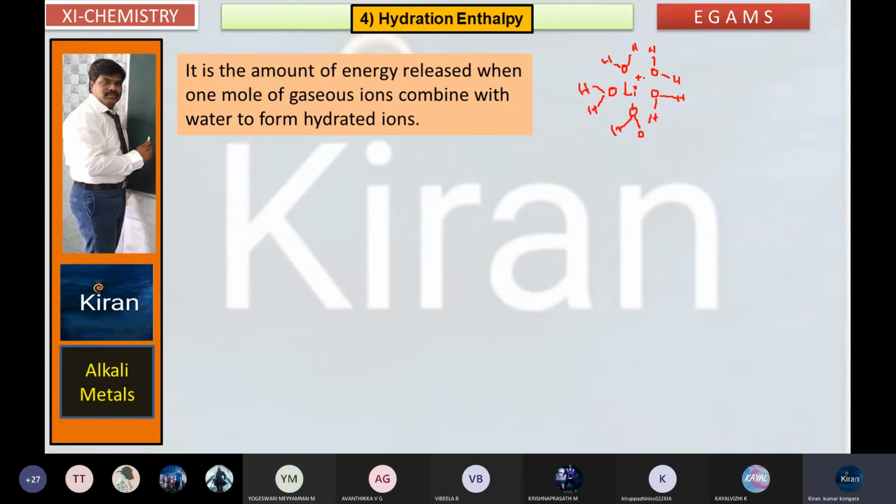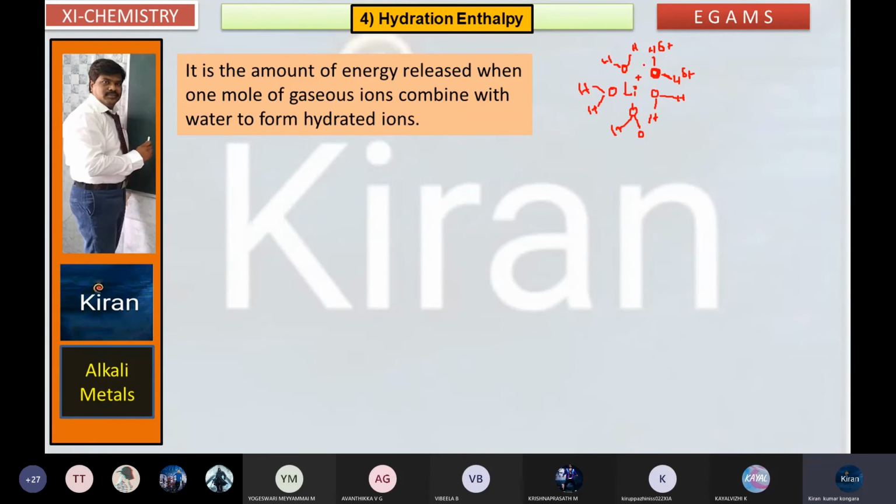Oxygen is a more electronegative element, that we know. Because of this reason, it gets a partial negative charge, not a complete negative charge. Here hydrogen gets a partial positive charge. We know that water is not a non-polar compound, it is a polar compound. There is a reason the polarity is raised.